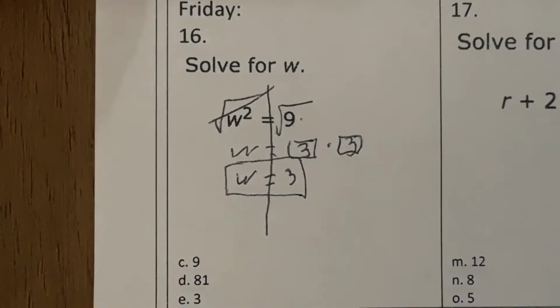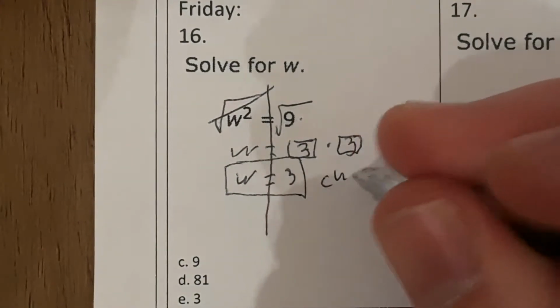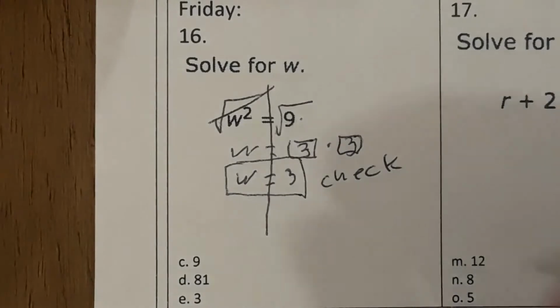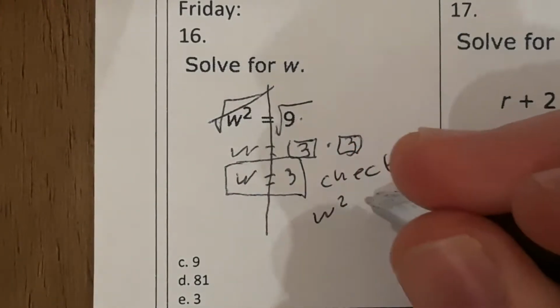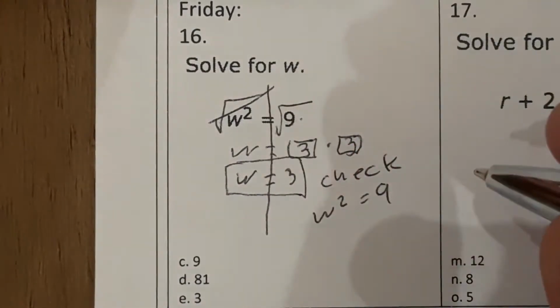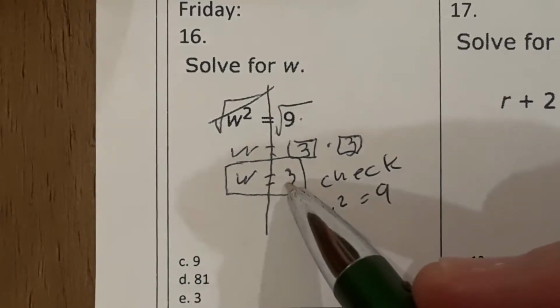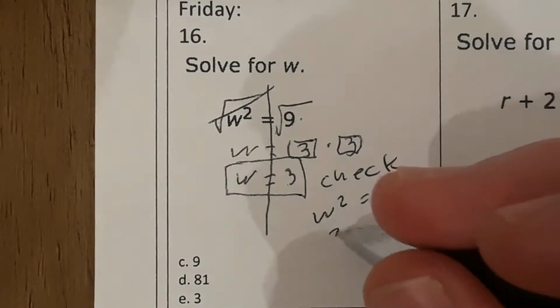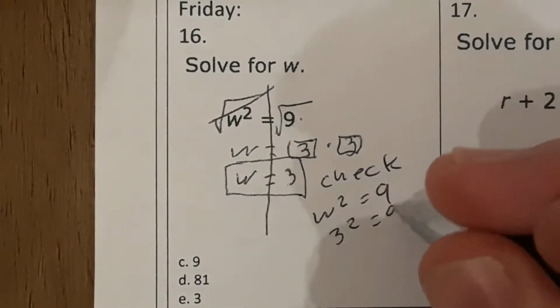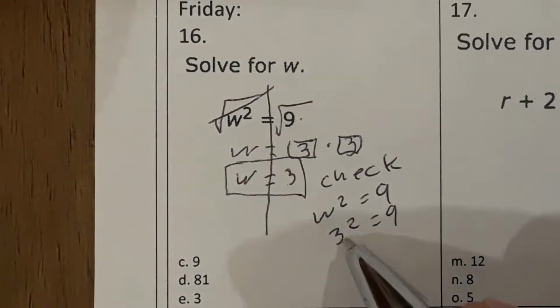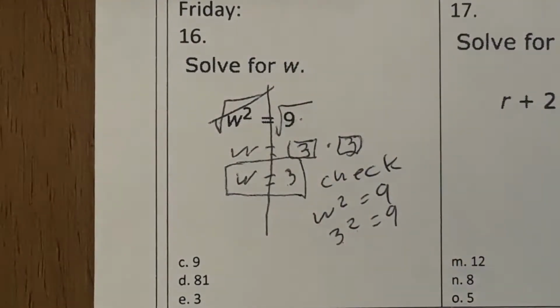Okay, now let's run the check and see if it works. So, check. W to the second power equals 9. W we found out to be 3, so 3 to the second power equals 9. Now think to yourself, what is 3 to the second power? Now be very careful.